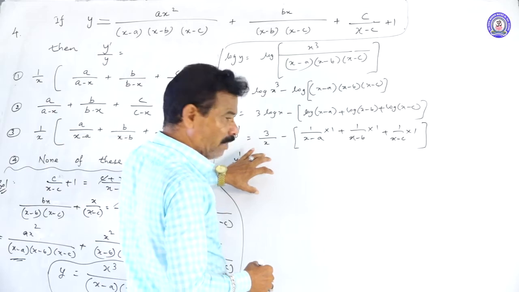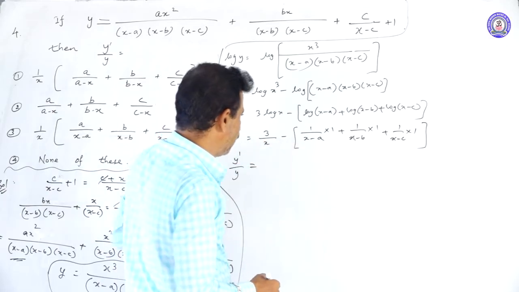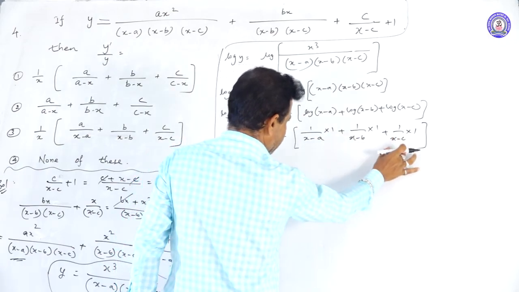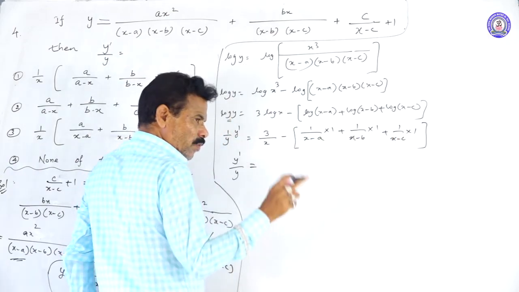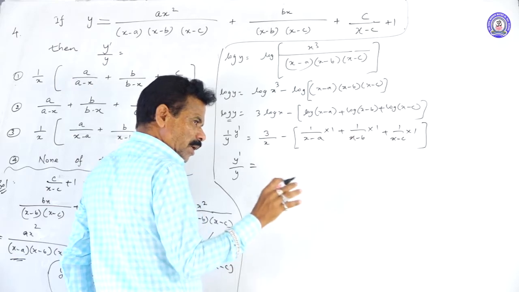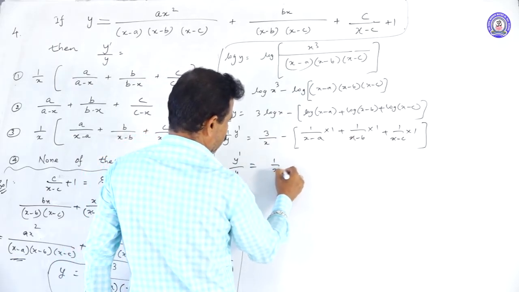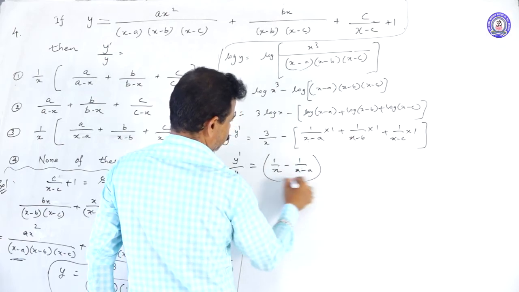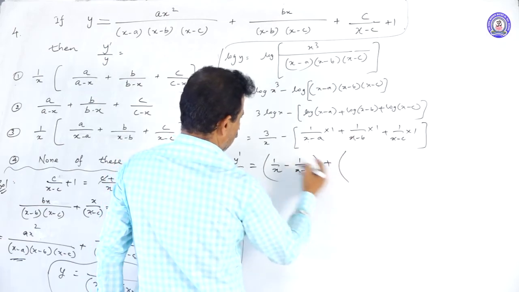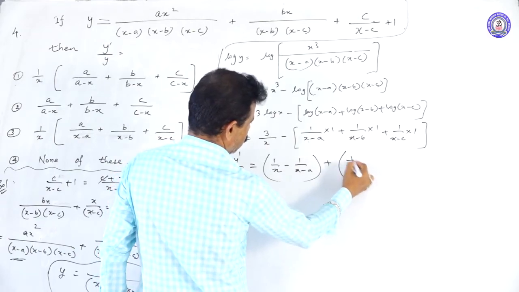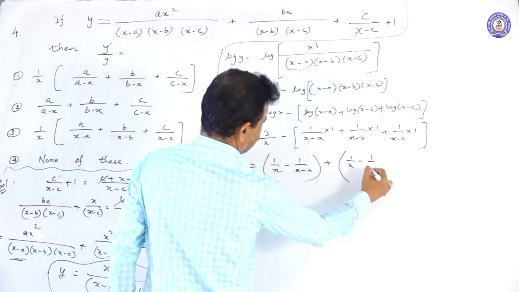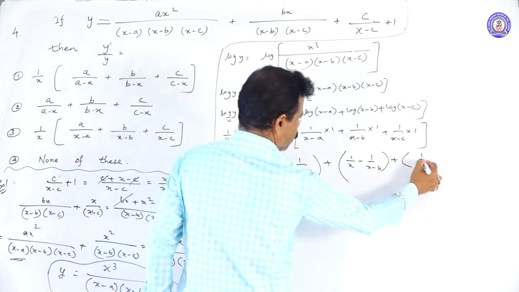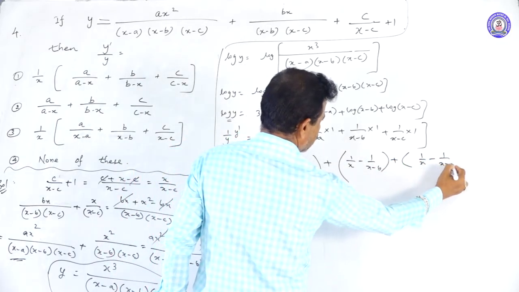In the right hand side we write 3 by x, which is 1 by x taken 3 times, and subtract 1 by x minus a, plus another 1 by x minus 1 by x minus b, plus another 1 by x minus 1 by x minus c.